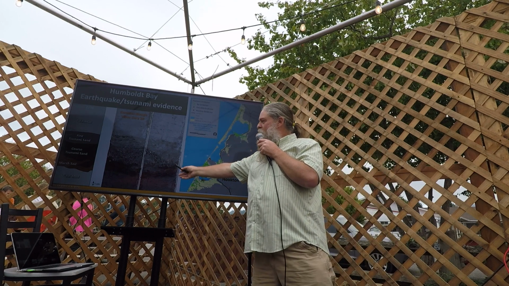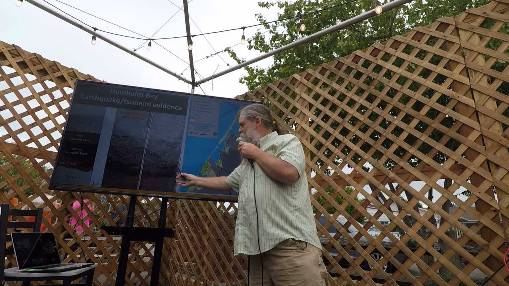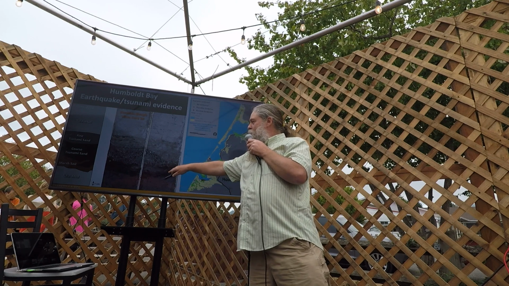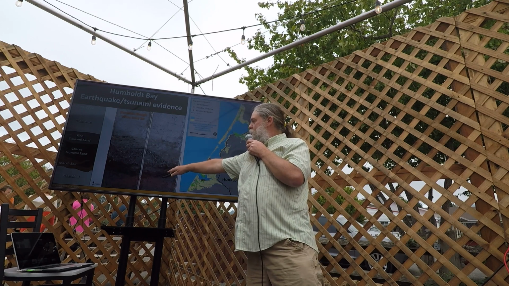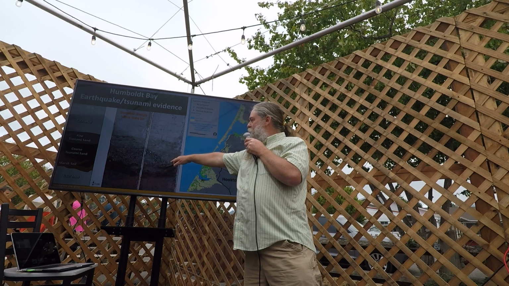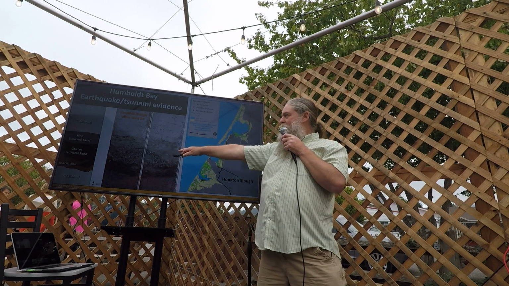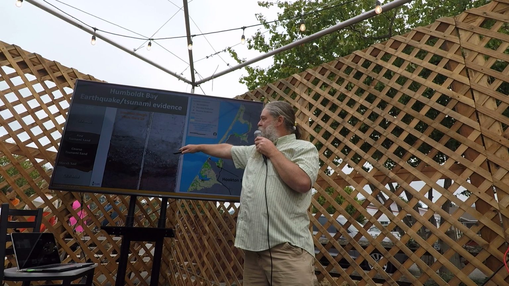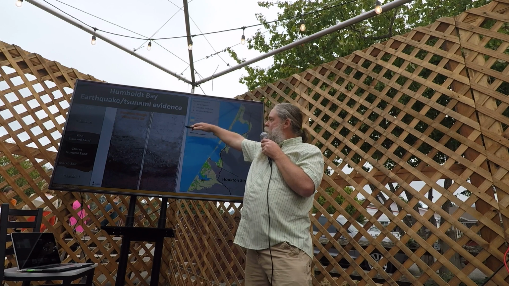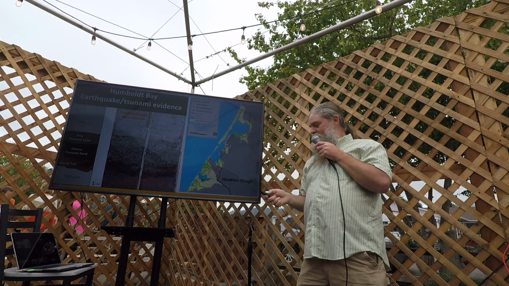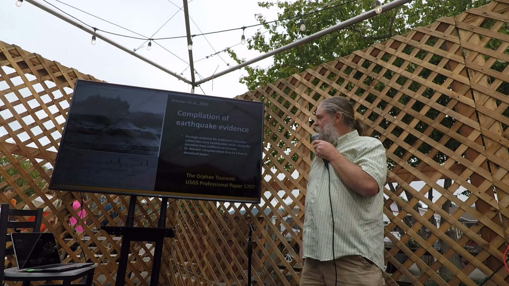So in this core, that if you were up here you could see more clearly, there's this nice brown soil, a marsh deposit, overlain by pebbly sand, and then sandy mud, and then overlain again by mud. So we've got tsunami here too.